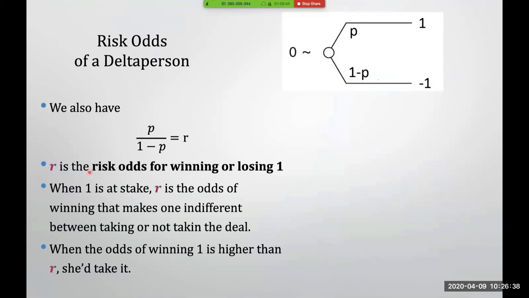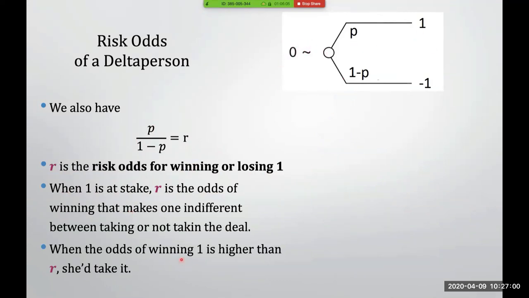So that's how we use the term risk odds in a sentence to describe a certain situation. So R is essentially when we have $1 at stake, R is the odds of winning that makes one person indifferent between taking the deal and not taking the deal.